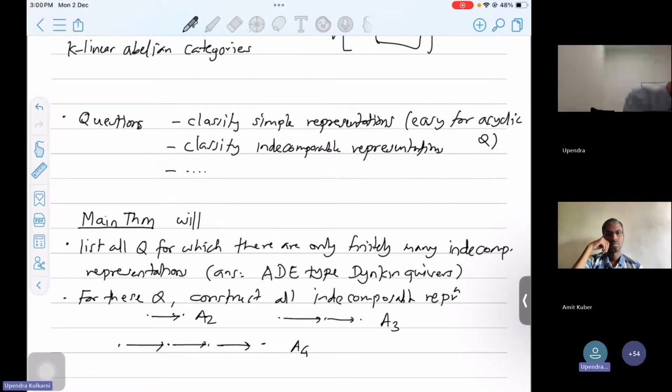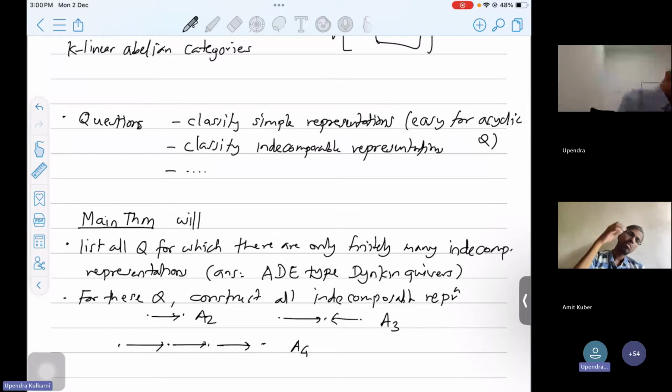But for example, in A3, if I change this orientation and I put it like this, the fact that this quiver still has only finitely many indecomposable representations does not change. And likewise for everything else.